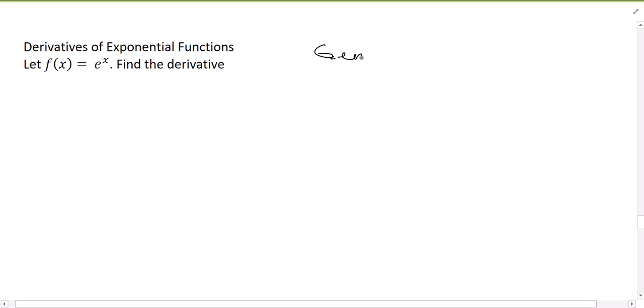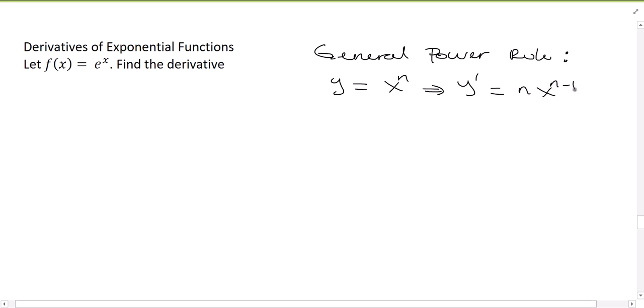Just to recap, the general power rule only applies when you have polynomials or x to a power. So if your function looks like y equals x to the n, then the derivative y prime is n x to the n minus 1. But notice that x, the variable, is the base.